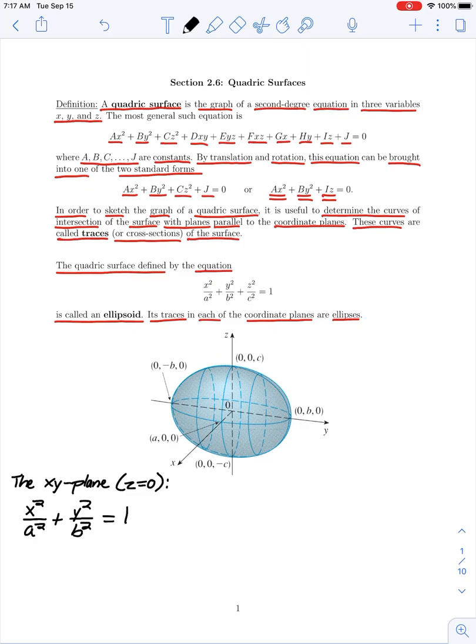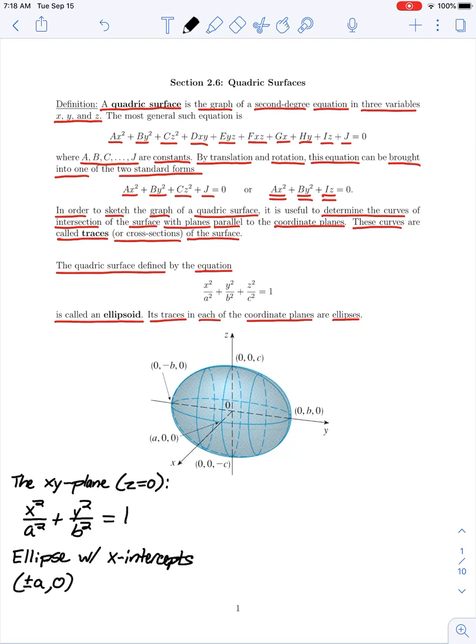So we see that this equation in two variables represents an ellipse with x-intercepts of plus minus a and 0.